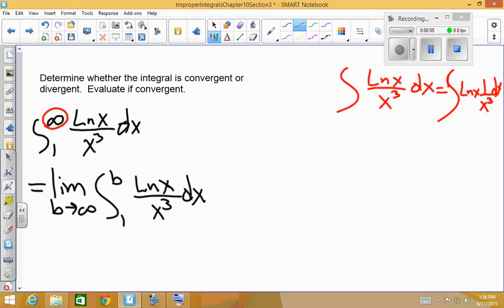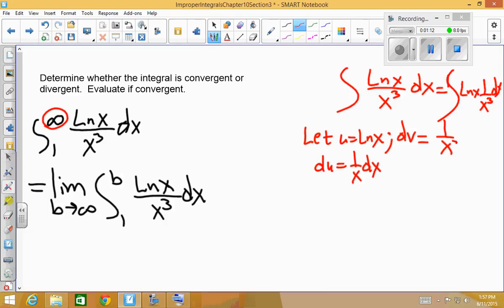So we can use integration by parts here. We can let u be natural log of x, du is 1 over x dx, dv would be 1 over x cubed dx, so that v is going to be the integral of x to the negative 3.